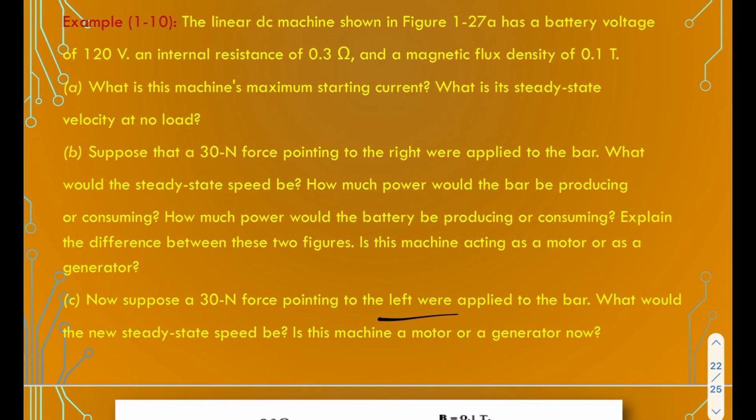Now for C, we'll apply the same steps here.